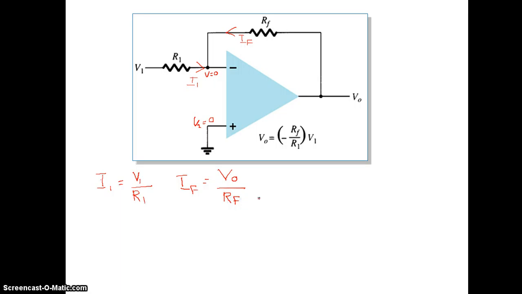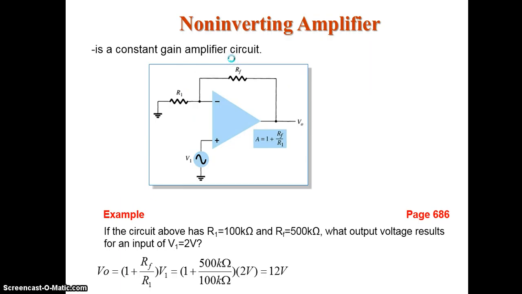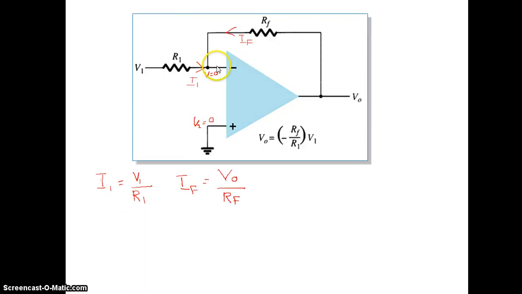Now in this branch your current is I1 and in this branch the current is IF. Now see what is the current in this branch.